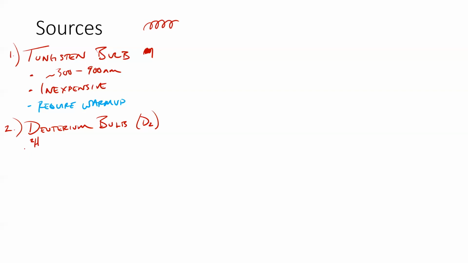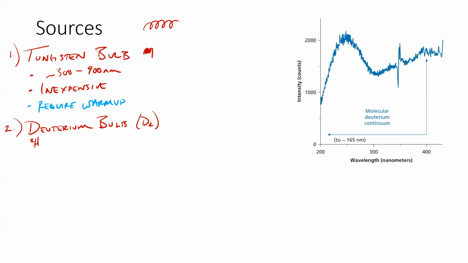This deuterium bulb, that's the spectrum that you have on your slide. You'll notice that the molecular continuum for deuterium starts at about 400 nanometers and goes down pretty low to 165.